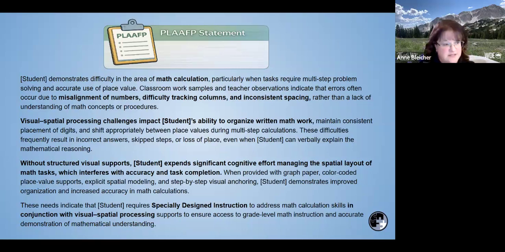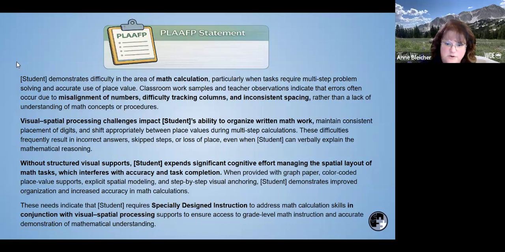So we've identified that they have a math calculation need. We've identified what that looks like in terms of misalignment of numbers, difficulty tracking columns, etc. And then we identify how that impacts their ability to organize written math work. You just step through all of that.